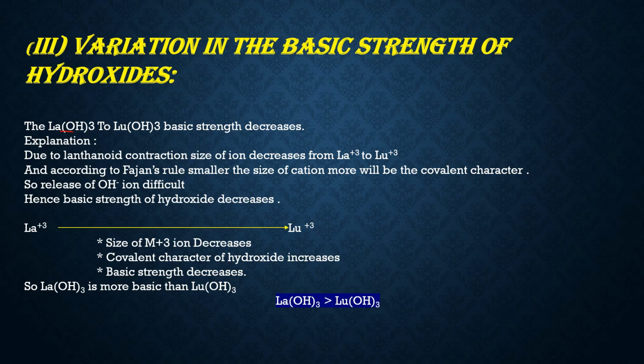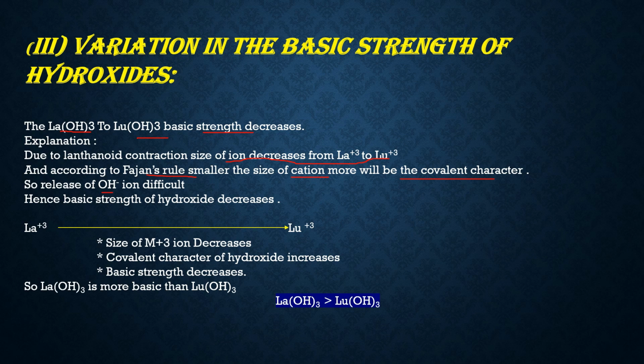When we move from lanthanum hydroxide to lutetium hydroxide, the basic strength decreases. The reason is lanthanoid contraction. Due to lanthanoid contraction, the size of the ion decreases from lanthanum +3 to lutetium +3. And according to Fajan's rule, the smaller the size of the cation, the more will be its covalent character. So when we move from lanthanum to lutetium, the covalent character increases.